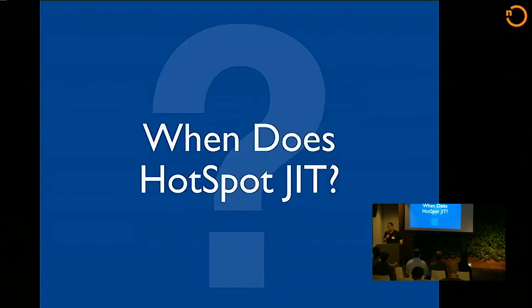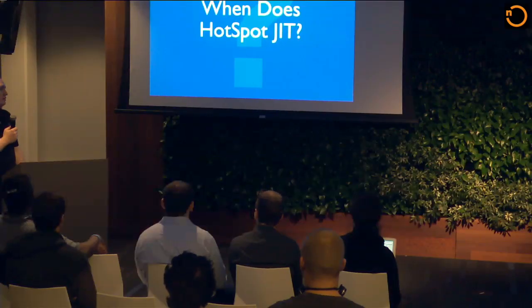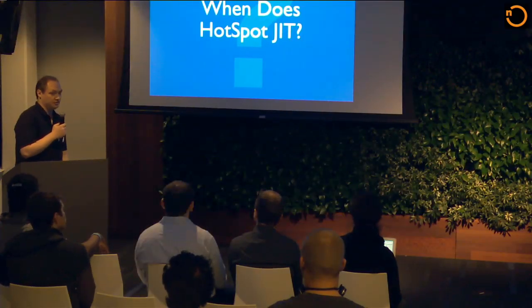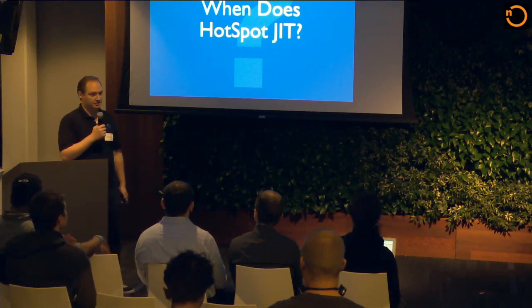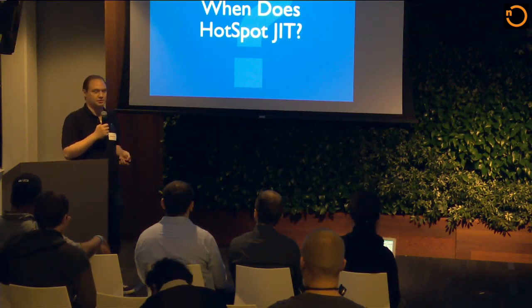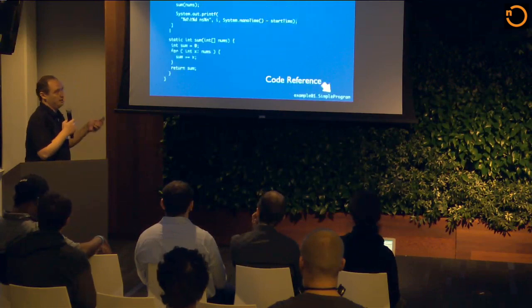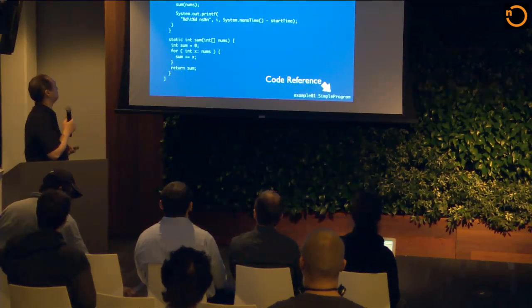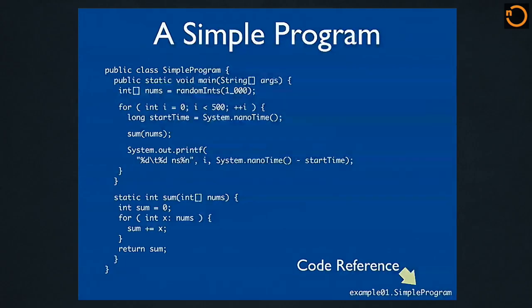All right. First, when does HotSpot JIT? This does actually change. It's changed very significantly in Java 8. It was an option available in Java 7. But we'll take a simple piece of code. Here I have a random array of ints of size 1000.